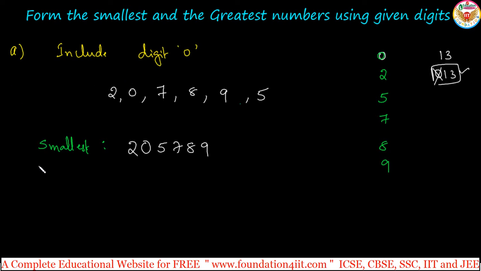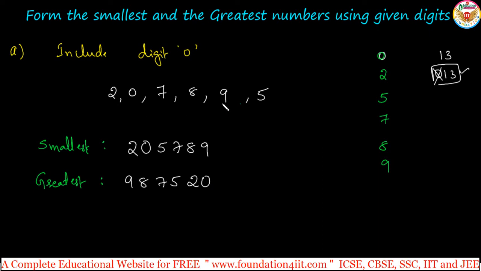Similarly, to make the greatest number is simple: from the highest value you can write. The highest value order is 9, 8, 7, 5, 2, 0. The 0 can be at the end, but should not be at the start, because without repeating is the question.